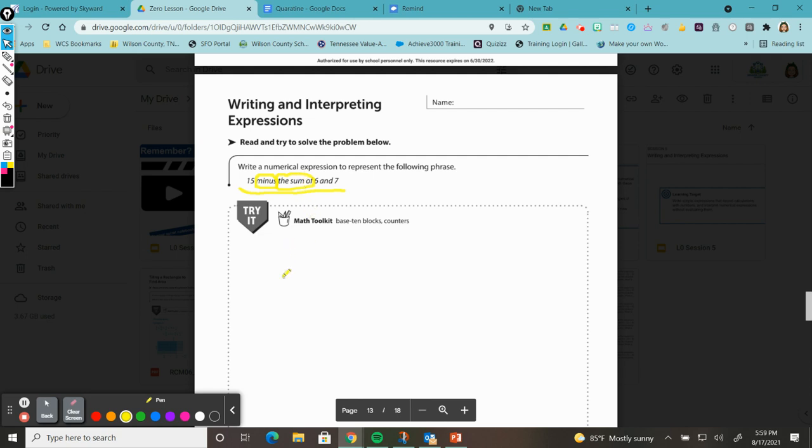Then you're going to write out the expression numerically with numbers and symbols. For example, 15 minus tells us that we will be subtracting, and we are subtracting the sum of 6 and 7.